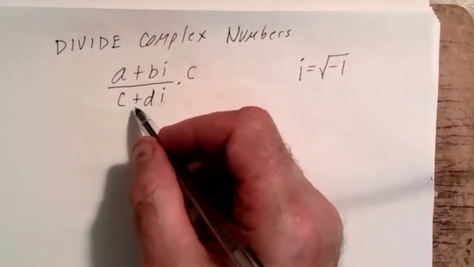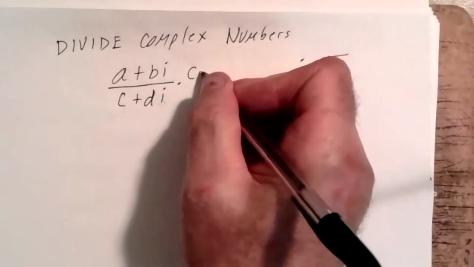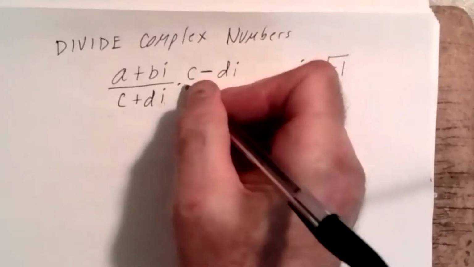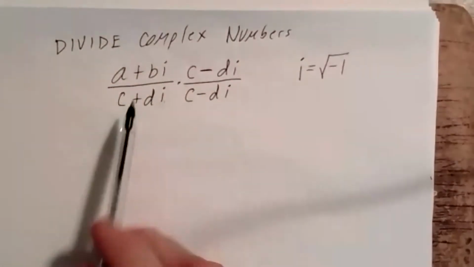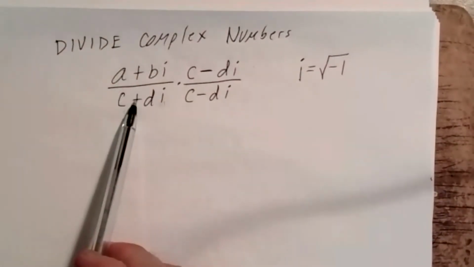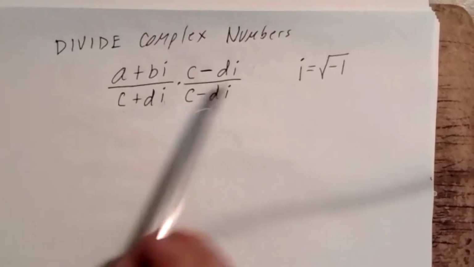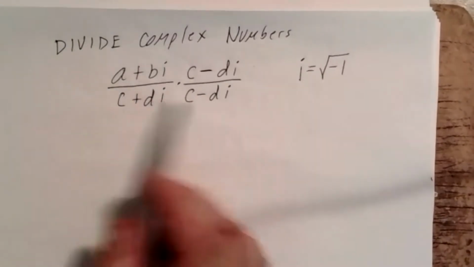And what's the complex conjugate of c plus di? c minus di. Exactly. That's what you would multiply the top and bottom of this by. So the moral of the story is, in order to divide complex numbers, our concern is we always have to eradicate i in the denominator. That's how we divide complex numbers. And in general, then you would go from here.